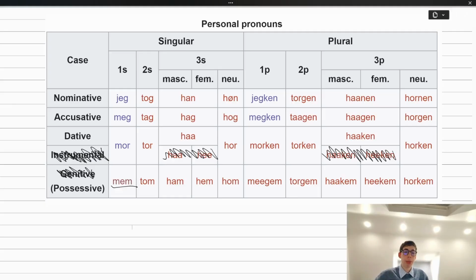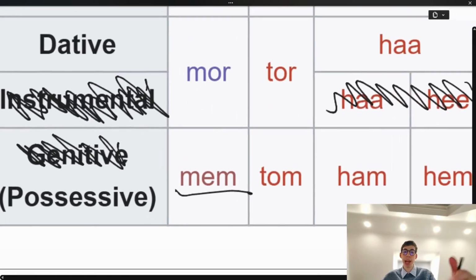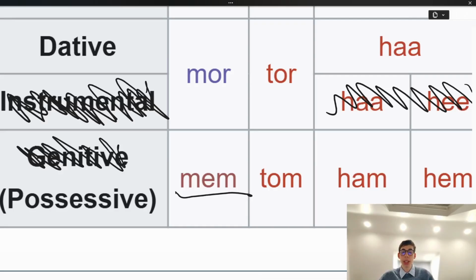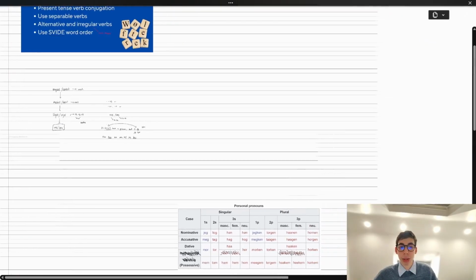So the possessive is considered a personal pronoun, and it doesn't decline. So the word for my is min. That is the word for my. It doesn't matter the case, doesn't matter the gender. The only thing that matters is obviously the person, so whether it's my or your. But that's just something I want to point out, and hope that maybe gives you a bit of relief. Maybe after last time, scaring some people, I'm trying to start with a bit of relief, and everything is not as bad as it sounds.